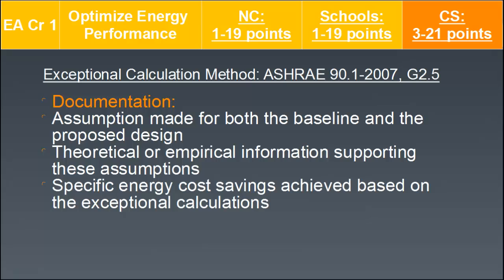For the exceptional calculation method, you need to document assumptions made for both the baseline and the proposed design, theoretical or empirical information supporting these assumptions, and specific energy cost savings achieved based on the exceptional calculations. This takes some knowledge of the systems you are calculating.